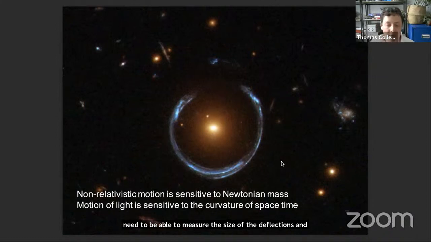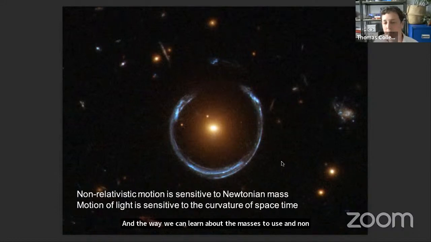The way we can learn about the mass is to use a non-relativistic tracer, a particle moving much less than the speed of light. So the motions of planets within the solar system, or the motion of stars within a galaxy, can tell us the mass.